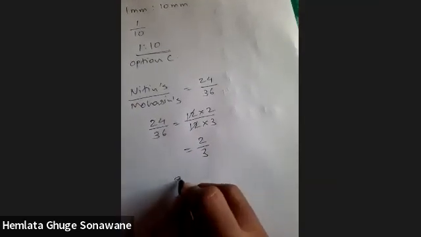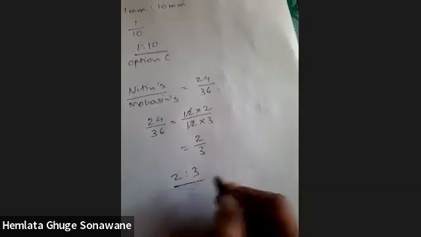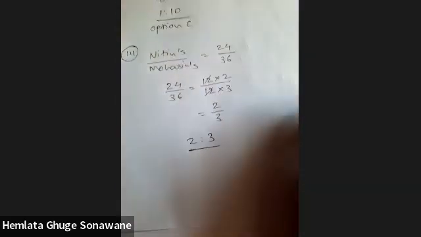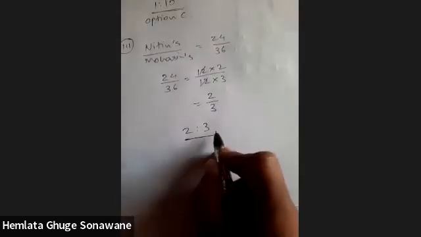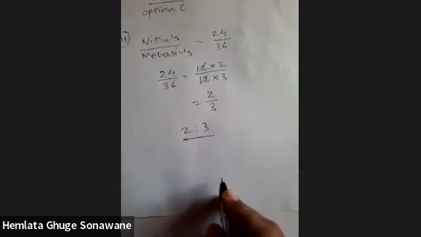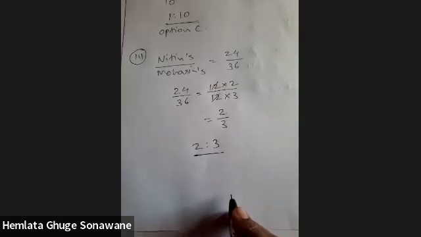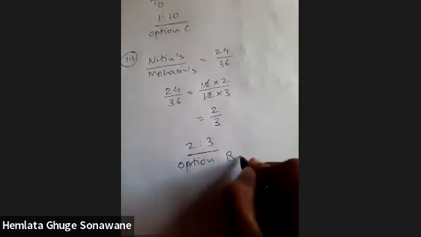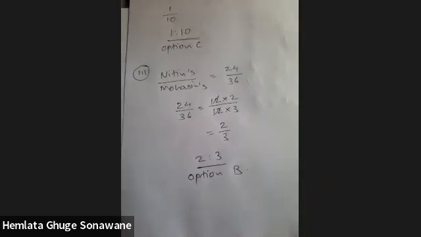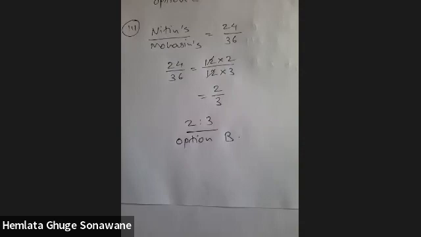Means 2 as to 3. Now we have to check the options. Option A is 3 as to 2. We need 2 as to 3. Option B is 2 as to 3. Means correct option is option B, as it is 2 as to 3.